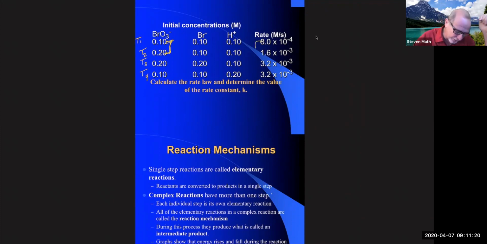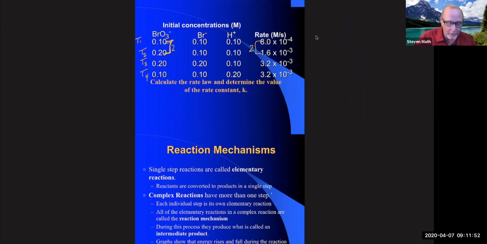Now be careful with these because this gets kind of weird because of the exponents. So what happened to BrO3? It doubled. What happened to the rate? It doubled. Wait a minute, it went from 8 to 1.6. No, it didn't. It went from 8 to 16. It doubled. Trust me, do it on your calculator. Divide 1.6 times 10 to the negative 3 by 8 times 10 to the negative 4. You're going to get 2.